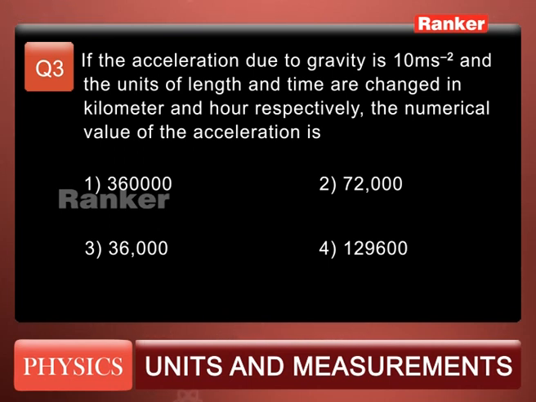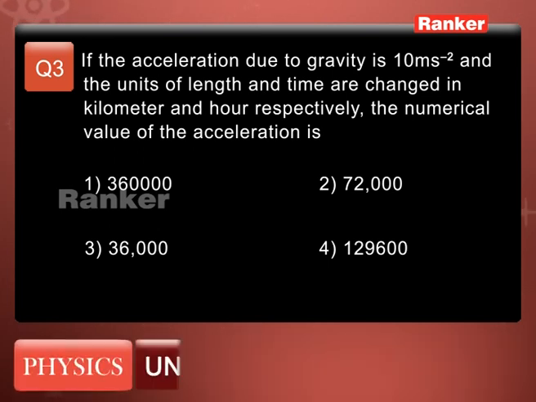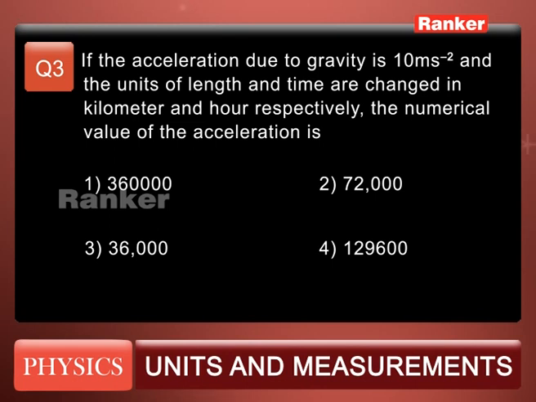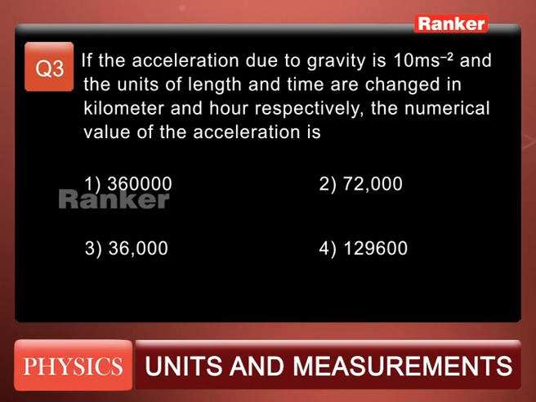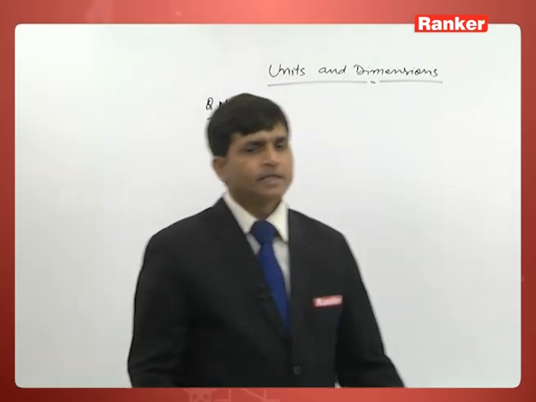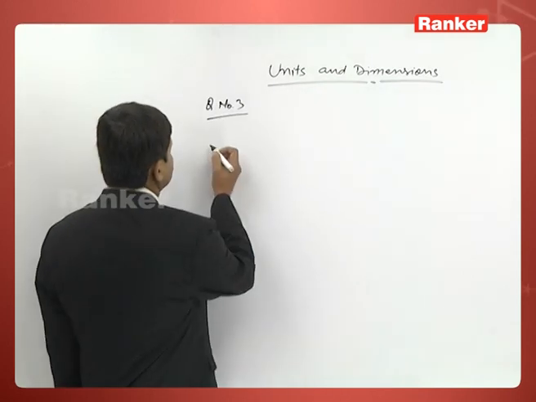The first option 36 into 10 to the power 4, or we can say 360,000. Second option is 72,000, third option is 36,000, and the fourth option 129,600. So we have to select the correct option. Now see how to solve this problem.